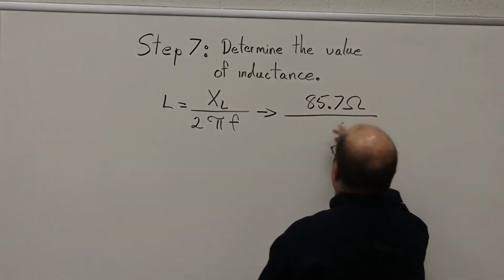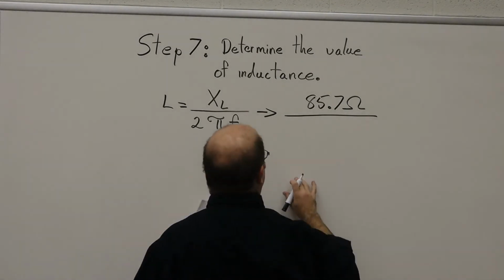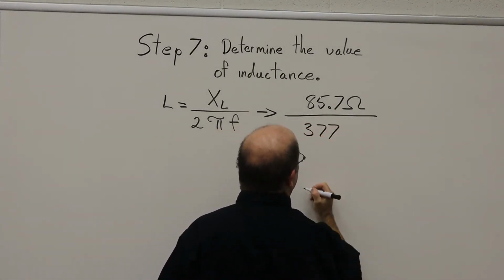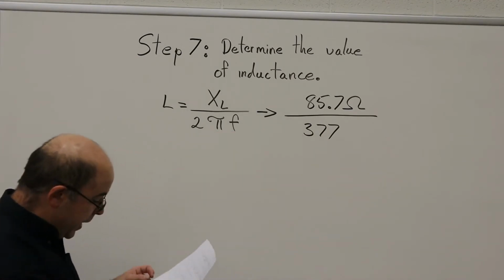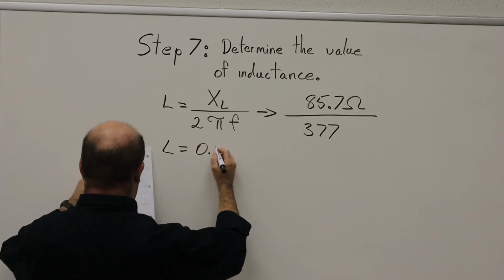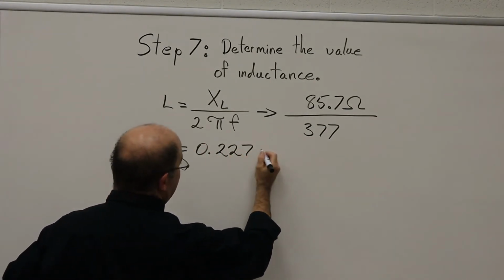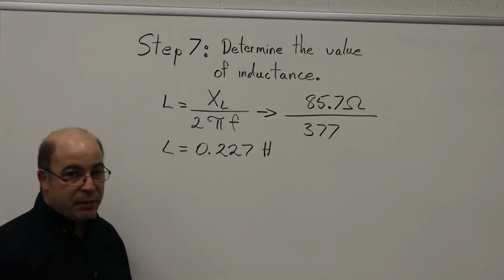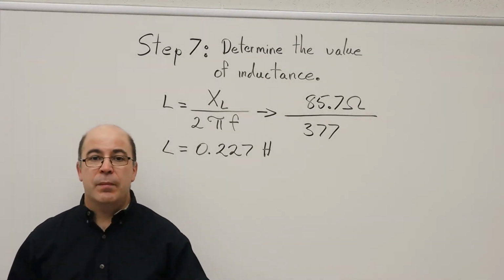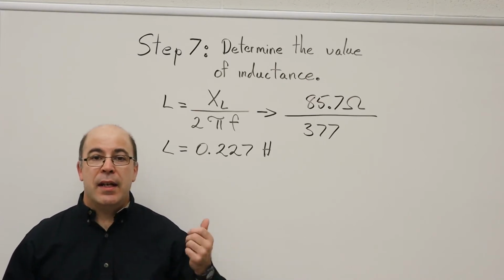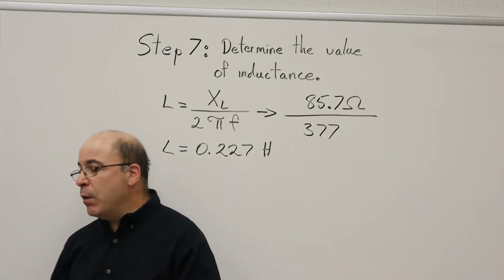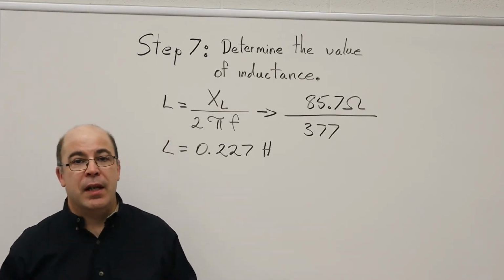So 85.7 ohms of inductive reactance divided by 377, and you're going to get a value of inductance of 0.227 henries. Okay, so we found the voltage drop, the amount of reactive power, and we wrapped it up with the value of inductance. So I'm going to head down and I'm going to record all this in the chart, and I'll be right back.